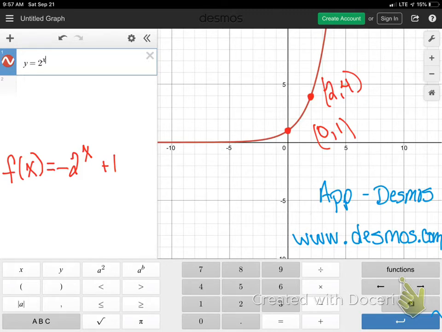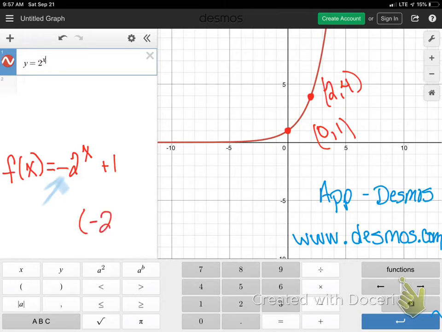The next thing that I want to talk about is this negative sign right here. I want to make sure that you realize that negative is not being raised to the x power. You can think of it almost as negative 1 times 2 to the x power. Because that negative is not in parentheses with the 2 and the x on the outside, that means that negative is not being raised to the x power.